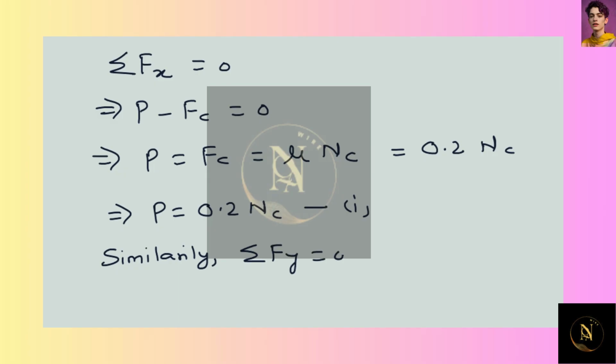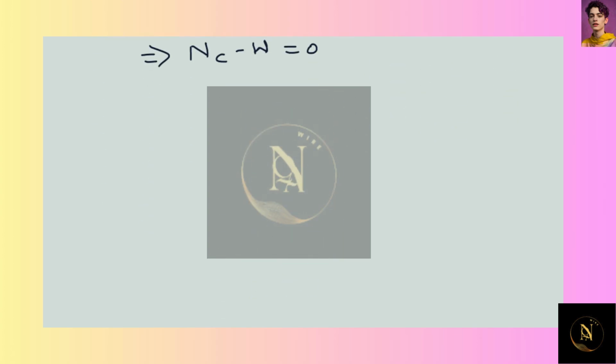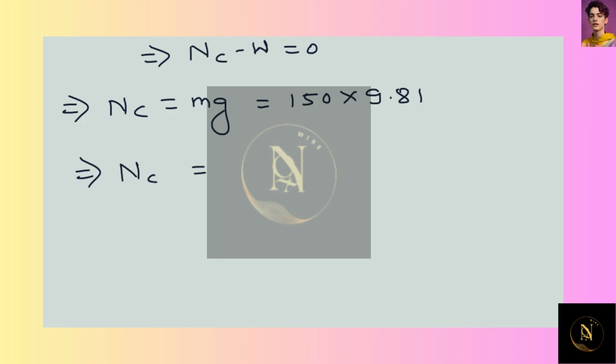Similarly, summation of Fy is equal to 0, or we can write Nc minus W is equal to 0. Going further, Nc is equal to mg. Putting the value of m and g here, we get Nc is equal to 1471.5 Newton.